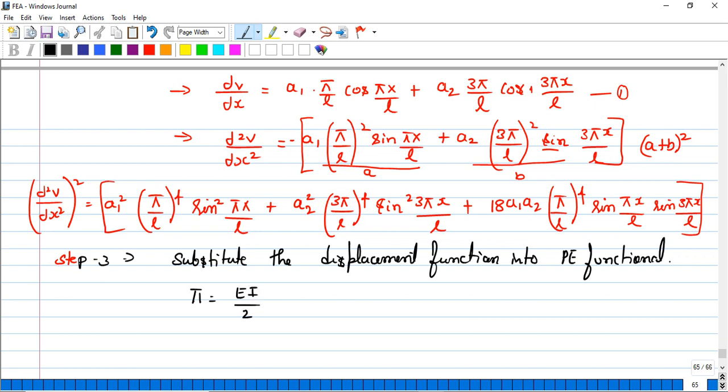EI by 2 integration of 0 to L (∂²v/∂x²) whole square dx minus P into v max. Here I have to substitute this entire thing. So let me substitute the same.